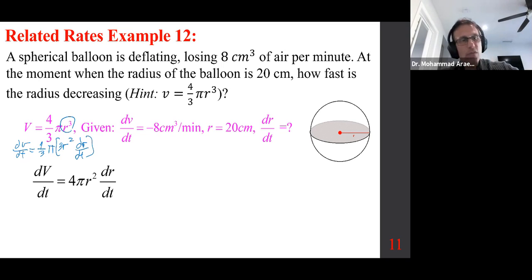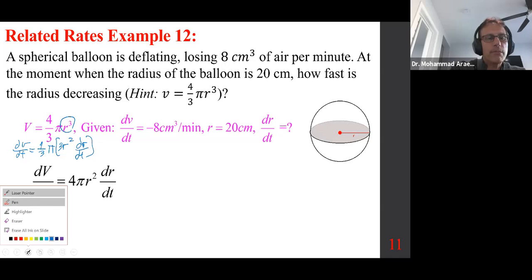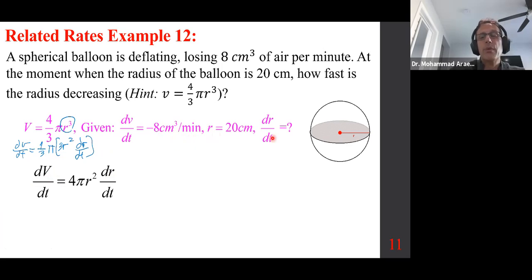4 pi r squared dr/dt. All we have to do is either solve for dr/dt or just plug in. Instead of dV/dt, I'm going to put -8. Don't forget the units, cubic centimeters per minute, because the units for dV/dt is the units of the volume per unit of time. The units for dr/dt is the unit of the radius, a linear unit, over the units of time.